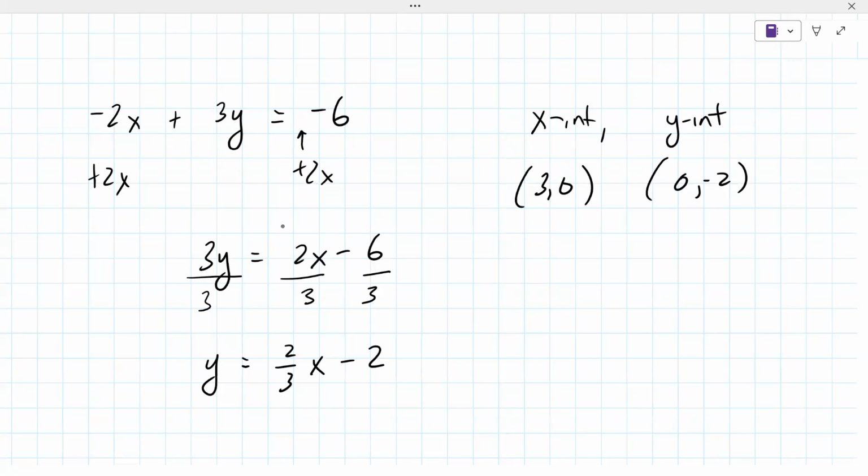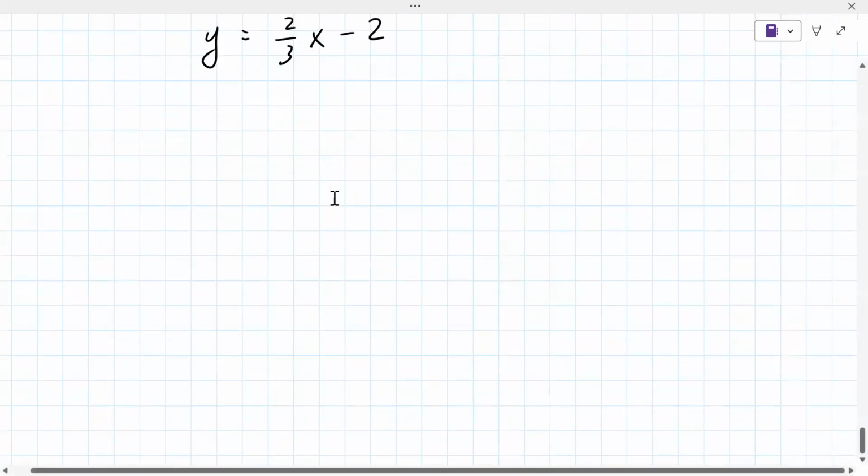No. Okay, let's try another one here. 4x minus 5y equals 20. So we can skip the x- and y-intercept. Go ahead and solve for y. Get your f of x, please.